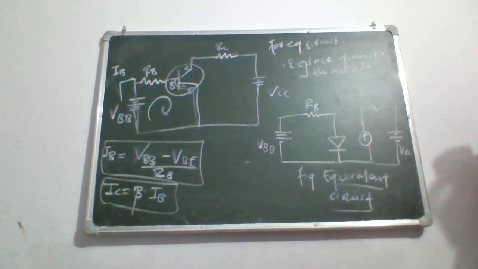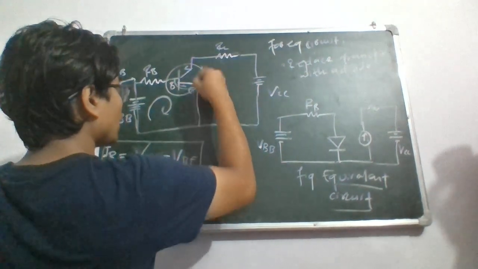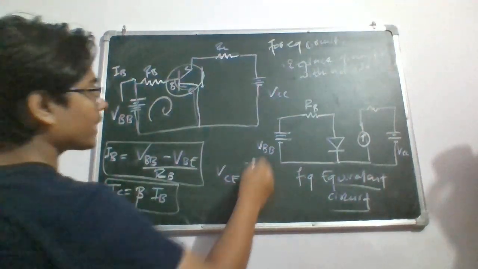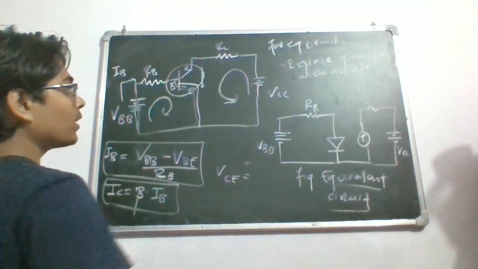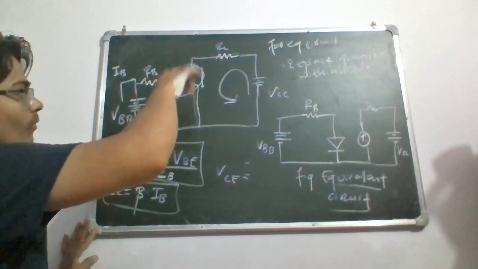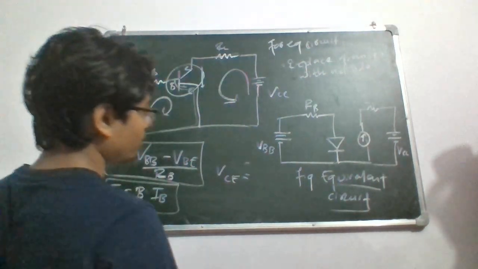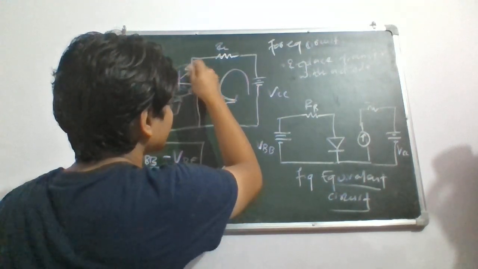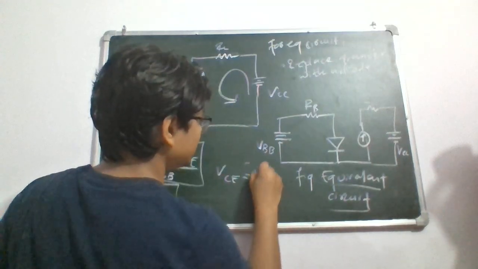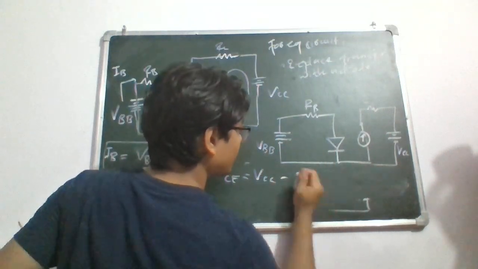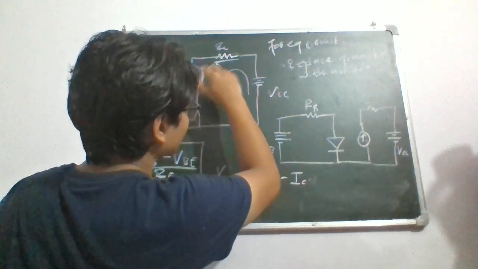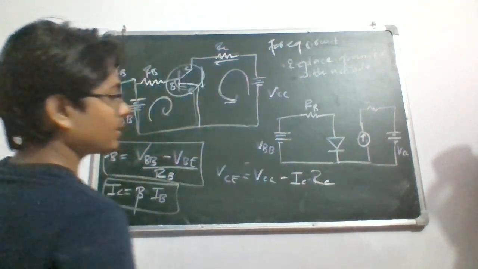Now what about this voltage VC? What is the amount of VCE? To know this, you would like to perform Kirchhoff analysis, and if you do so, VCE, which is this, is equal to VCC minus the voltage drop across this resistance, which is given by this formula.